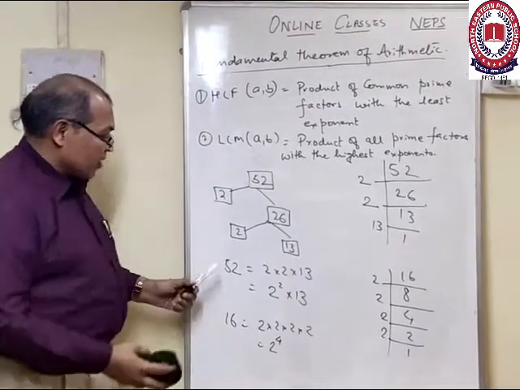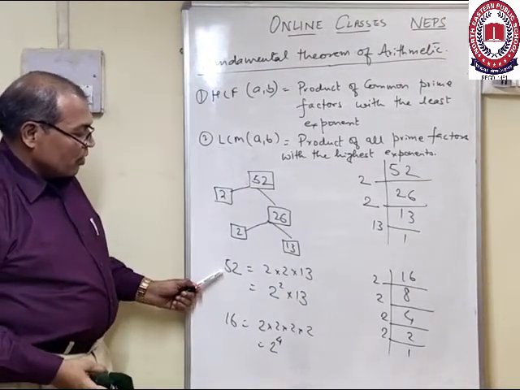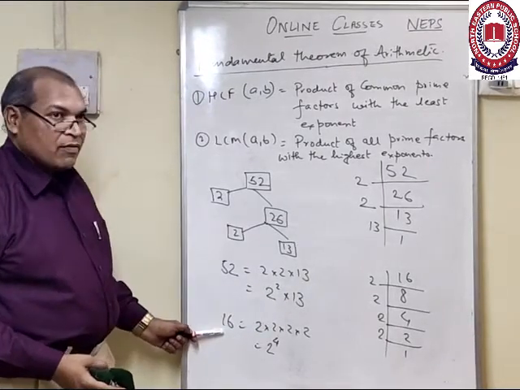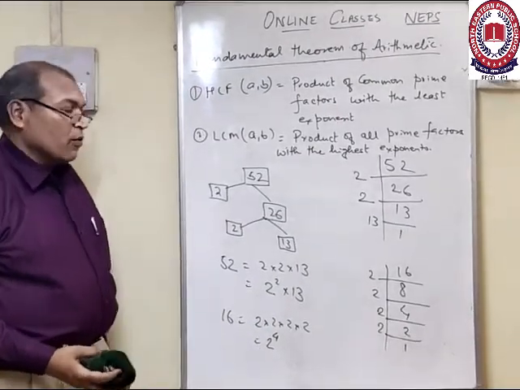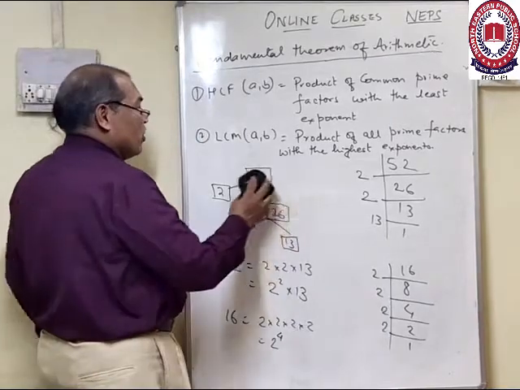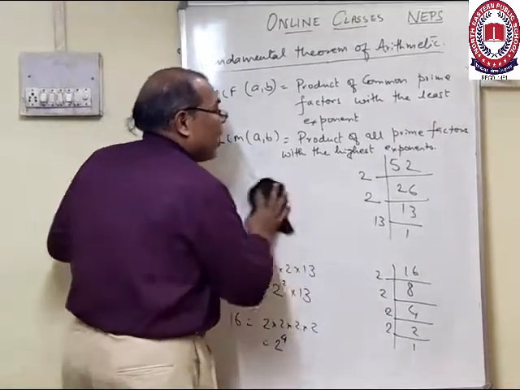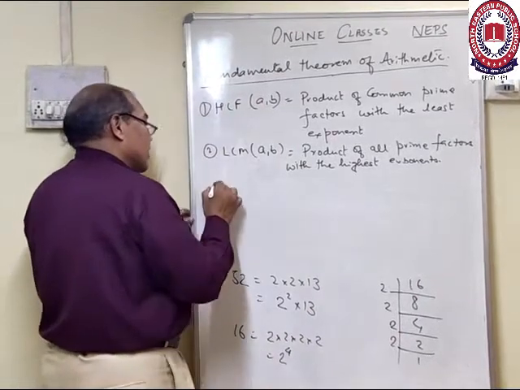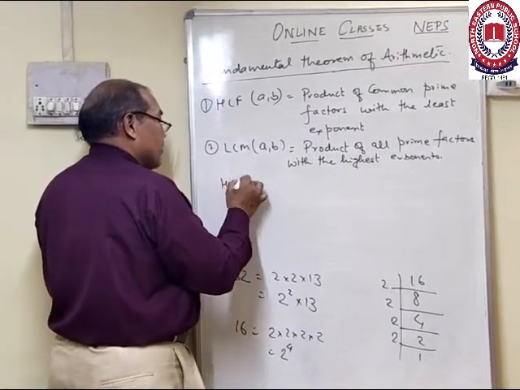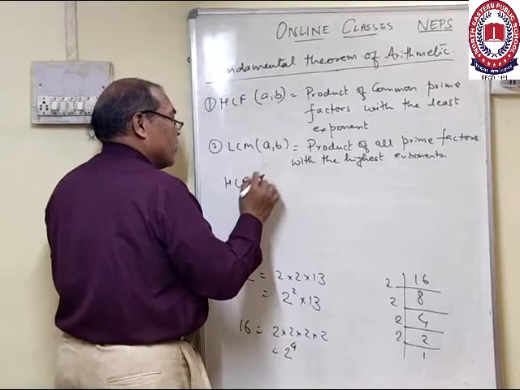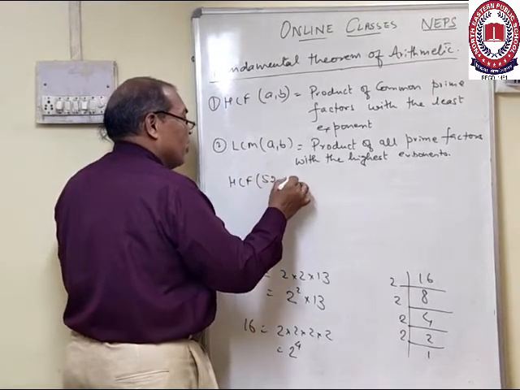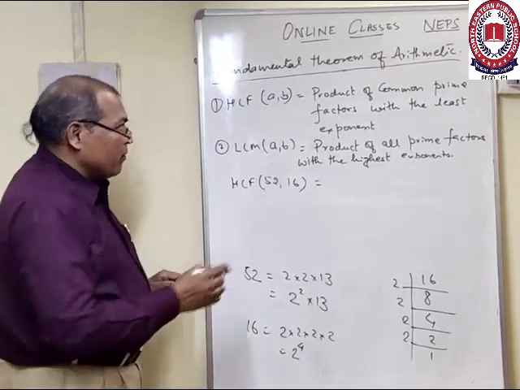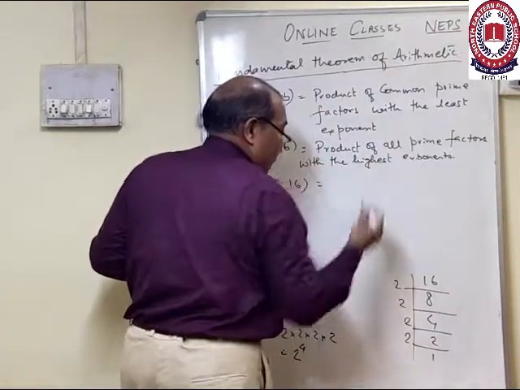Okay. Let us see here. In these two numbers, as we have written, 52's factors are 2 square into 13 and 16 is 2 power 4 in the exponential form. So using this method, after finding out their prime factors, we get the HCF of these two numbers, A is here 52 and B is 16. So what is the common prime factor? Product of common prime factors.